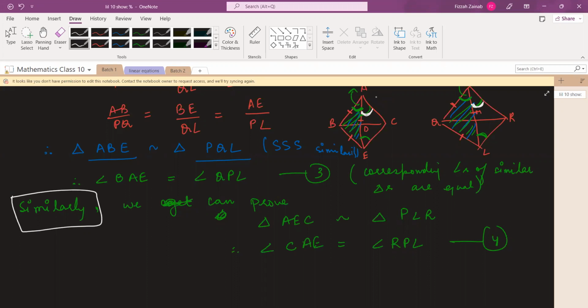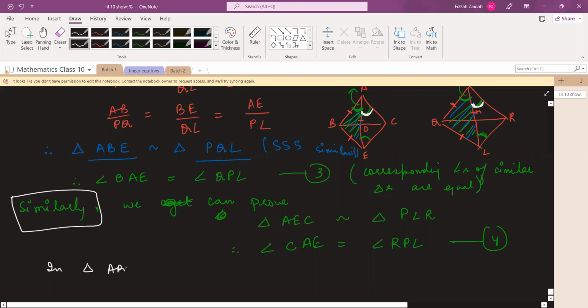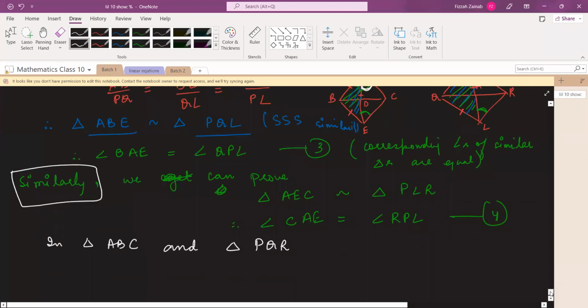Now you come back to the triangle which you have to prove to be similar. So in triangle ABC and triangle PQR, because we have to show these triangles to be similar, right? This is already given in these two triangles, that AB by PQ is equal to AC by PR.